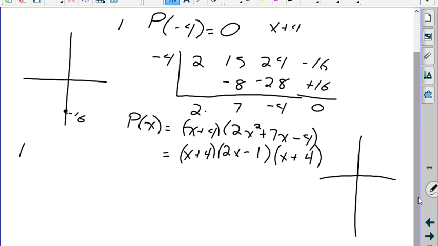So I can now sketch this. I've already done it over here. I have a point of tangency at negative 4, because I have a multiplicity of 2. And I cross at 1/2.